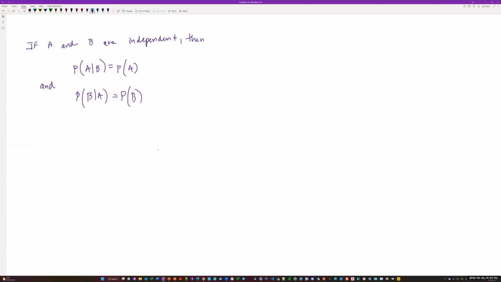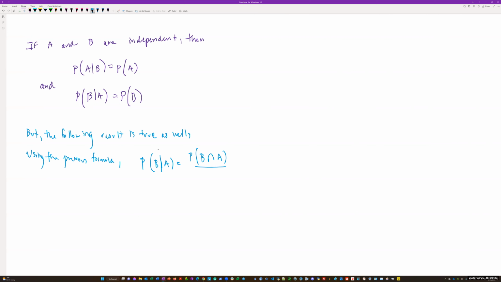But then we also have this result. Using the previous formula, probability of B given A, we said, was equal to the probability of B and A divided by the probability of A. Is that correct?